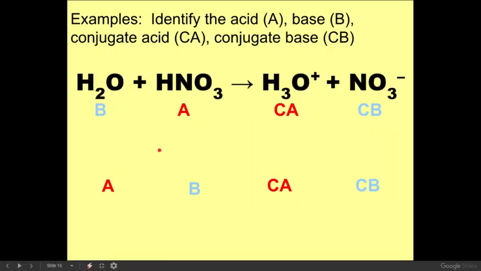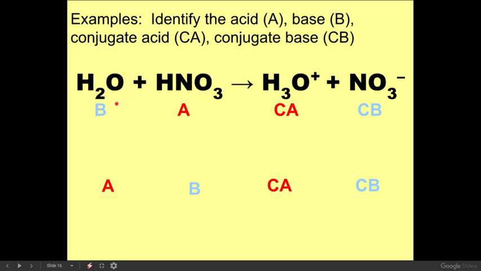All right, so again, identify the acid A, the base B, conjugate acid, and conjugate base. Okay, so here we have the water molecule, which in this case is a base because the HNO3 is going to be the acid, meaning that it has a lower pH, between 7 and 0, than this water.